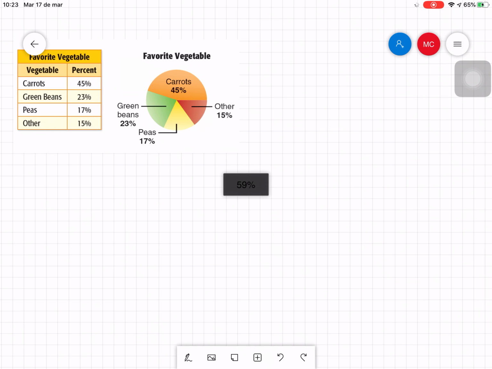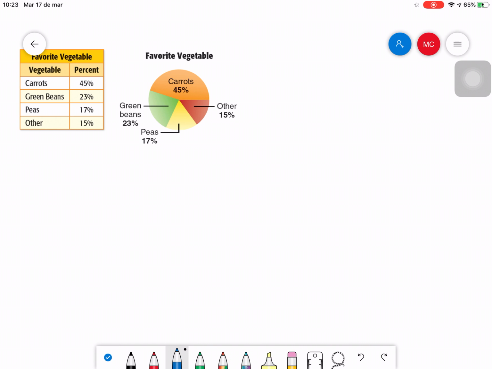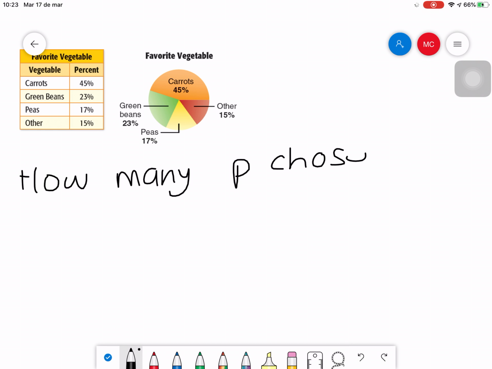I'm going to keep the chart here and we're going to do the questions together. Imagine there was a question here that says, how many people chose carrots?